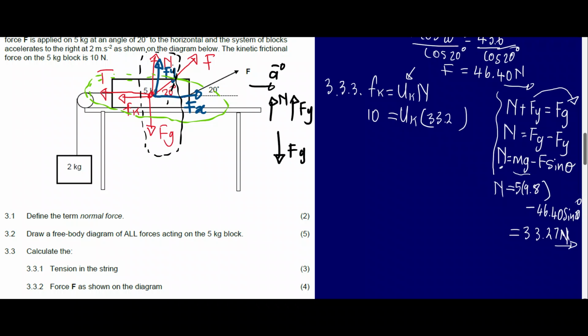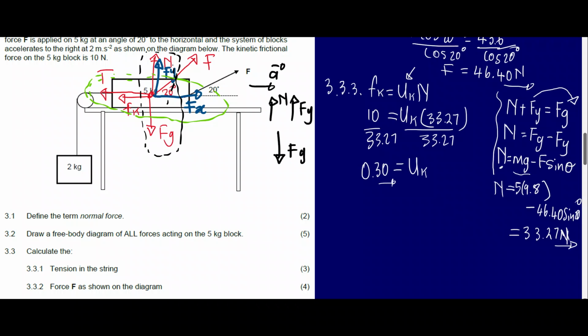I hope you understand what I'm talking about here, and we have gotten the normal force that we have to substitute here. So we divide both sides by the normal force, 33.27. We would get that the mu k value for that situation, or the UK, whatever you call it, is just going to be 0.30.